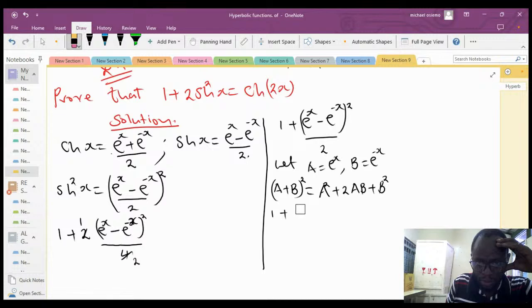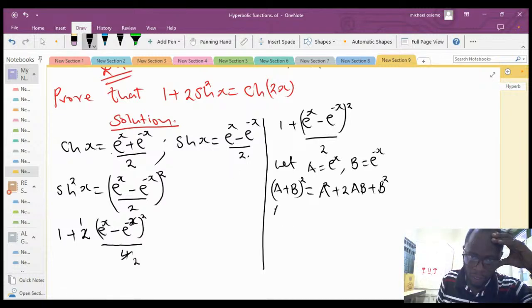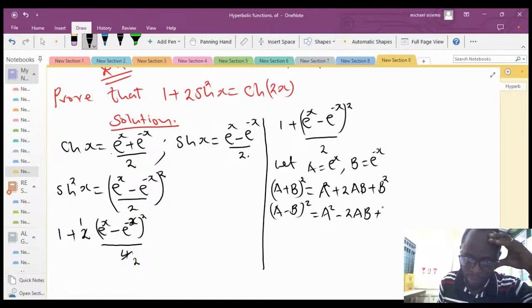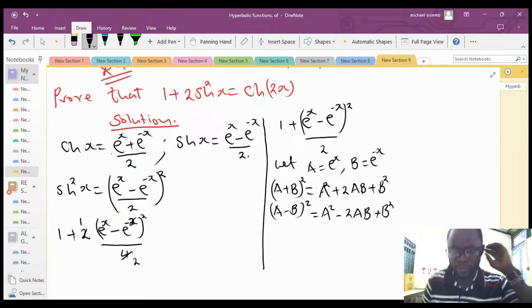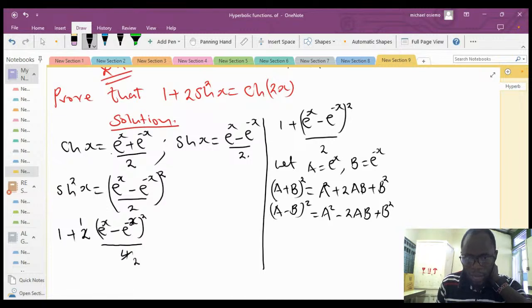So a minus b squared will be equal to a squared minus 2ab then plus b squared. So when you substitute, we're going to have 1 plus a squared minus 2ab plus b squared, and all this over 2.